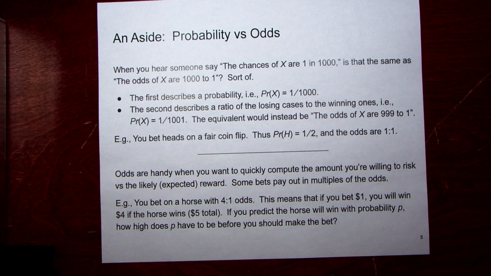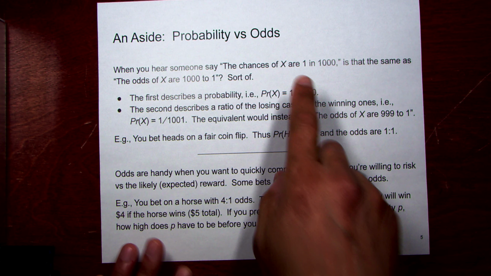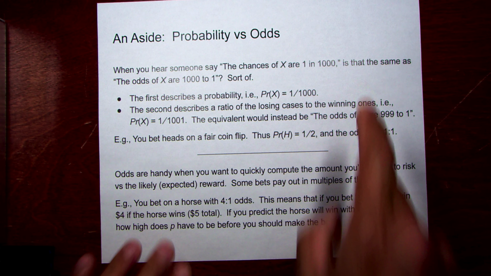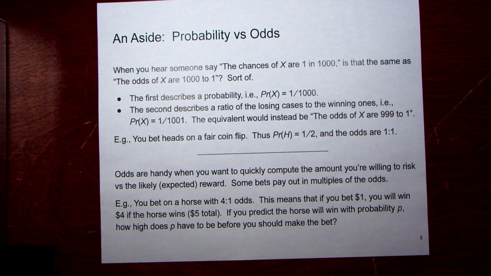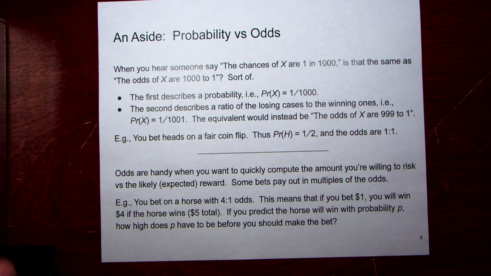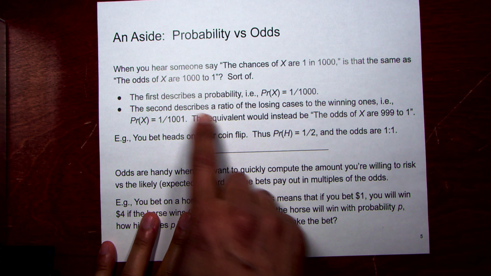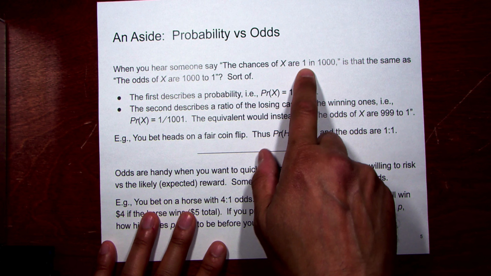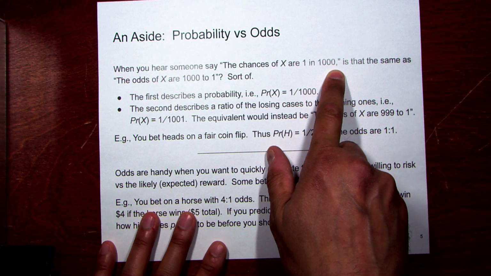I've used one particular set of language during this course: if I say the chances of some event X occurring are 1 in 1,000, that is a probability, which represents 0.1%. But other people might say your odds are 1,000 to 1. That sounds similar, but they are 2 slightly different things. So what's the subtle difference here? The first one describes a probability, so it's your success rate versus all the possibilities, 1 over 1,000.